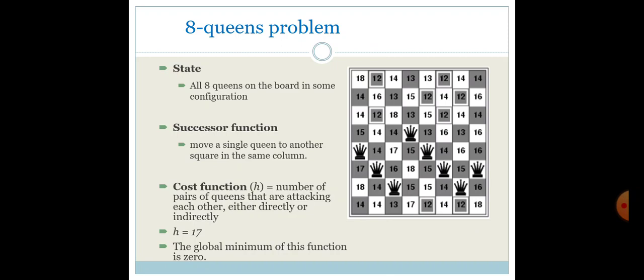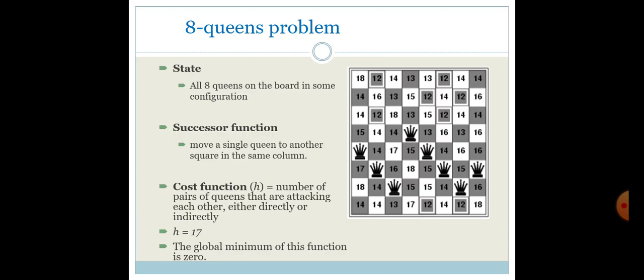Here n queens on the board are placed and these represent one particular state. Here the successor function is to move one single queen to another square in the same column. For this particular state, we need to calculate the fitness function or the cost function h, which is designed by calculating the number of pairs of queens that are attacking each other either directly or indirectly.